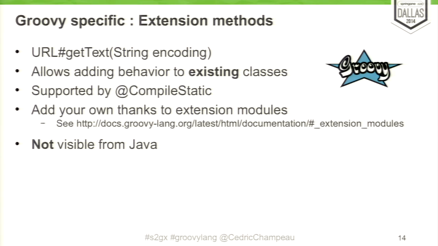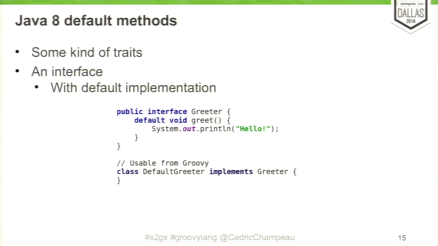Something happened in the Java world. Java 8 came in, finally. And what they did, default methods. So the name changed several times, actually, in the history of Java 8. It used to be called Java virtual extension methods. And the virtual is very important.